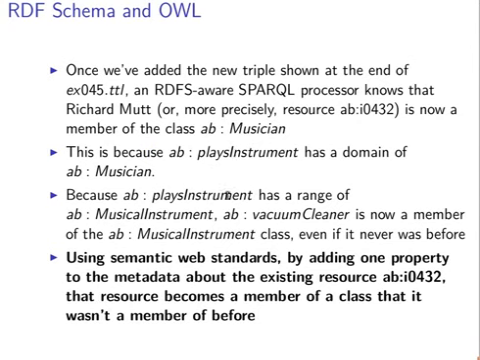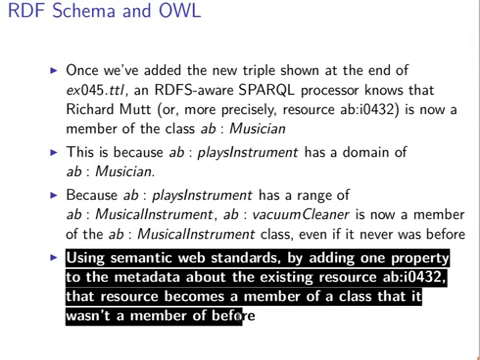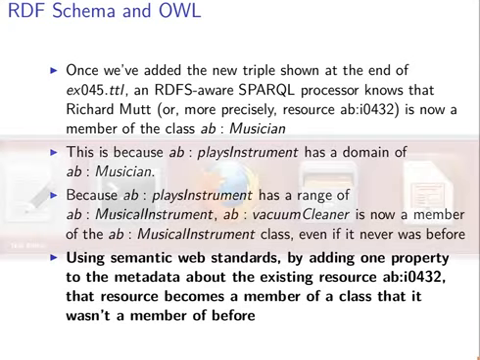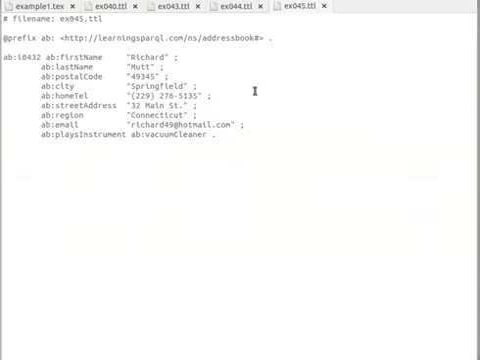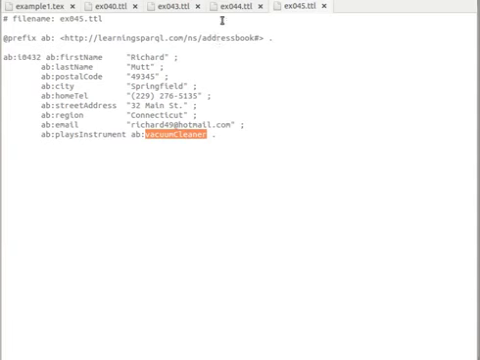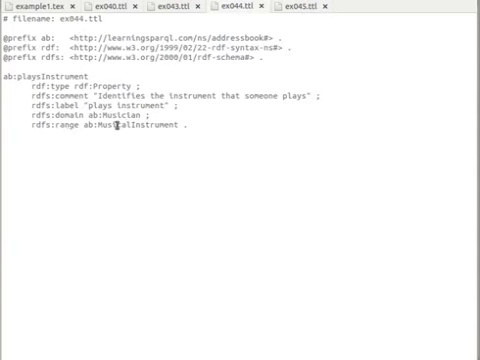We just add one property and it will be automatically inferred that a resource becomes a member of a certain class, as we saw here for Richard Mott, for the musician, because as we see in the example file here, the subject of this property is automatically a member of class musician, and the object of the property automatically becomes a member of class musical instrument. I hope this makes sense.